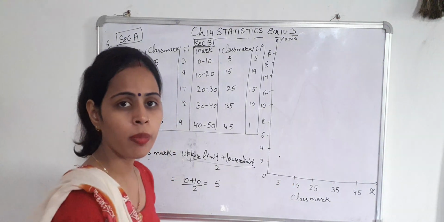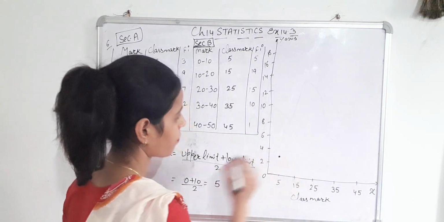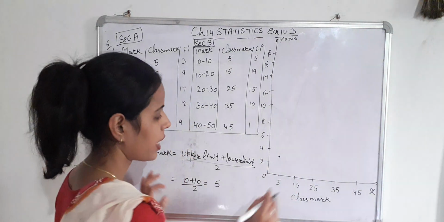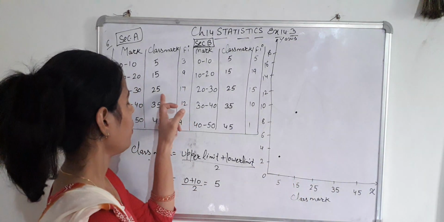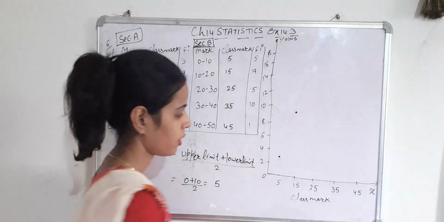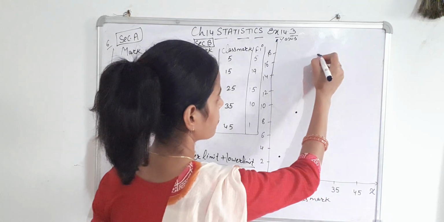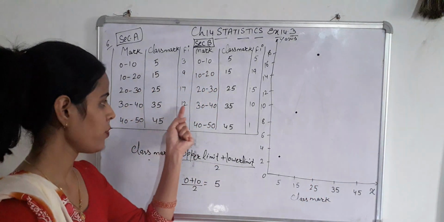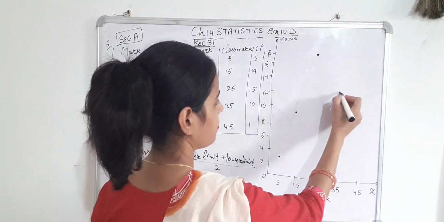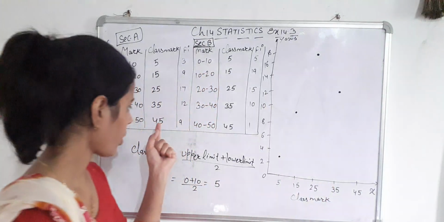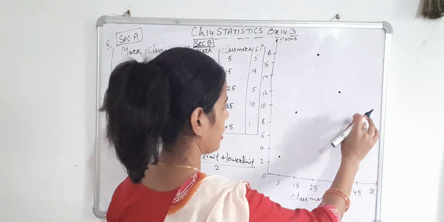Frequency polygon is denoted by dots. 3. 15, 9. 25, 17. 35, 12. 45, 9.